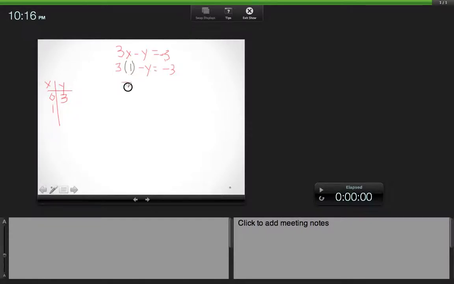So we get 3 times 1 is 3 minus y equals -3.